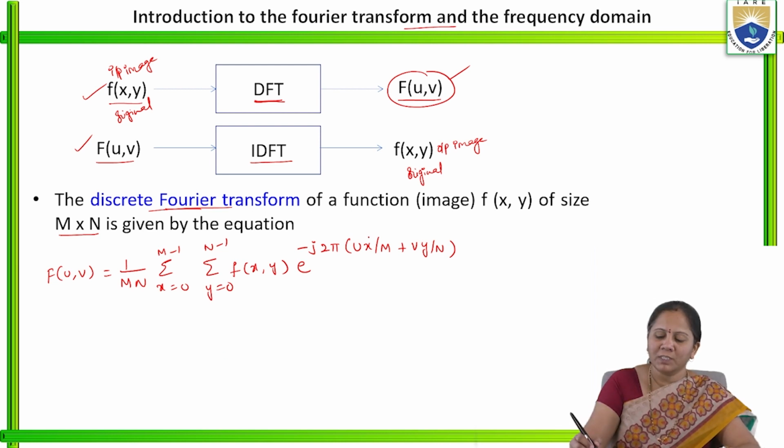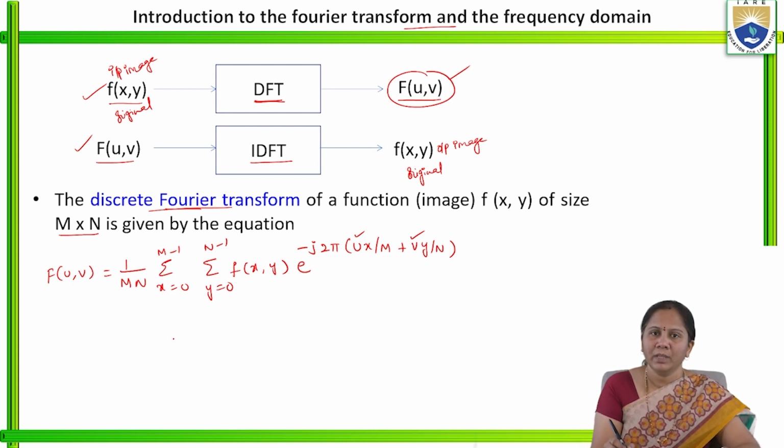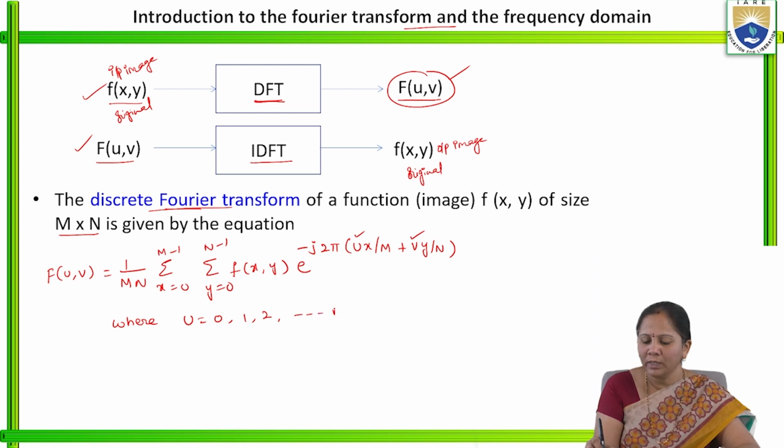Here we can observe u and v. What do u and v mean? The values of u range from 0, 1, 2, and so on up to m minus 1, where m represents the number of rows. Similarly, another one is v.